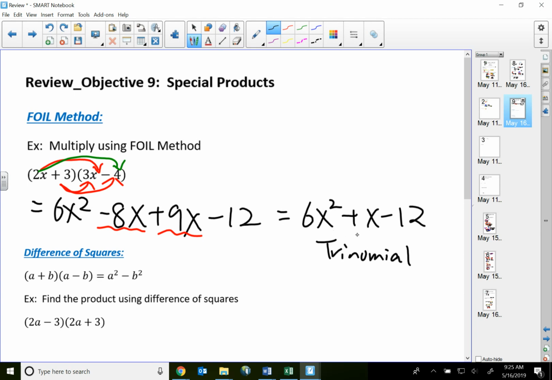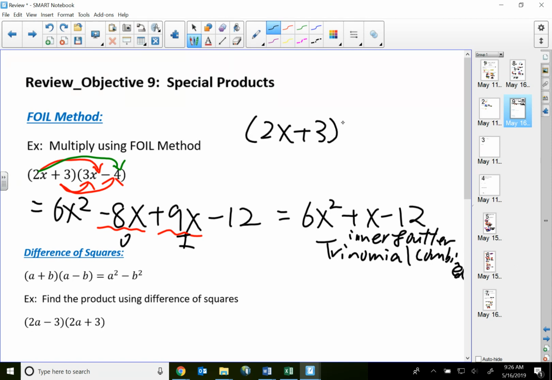So let's go back to the answer. The middle term of my trinomial answer comes from the inner and the outer combined. That means my negative 8x here was the outer, my 9x was the inner. If you know the middle term of an answer is always the inner and outer combined, then we can do the same problem simply by looking at it.